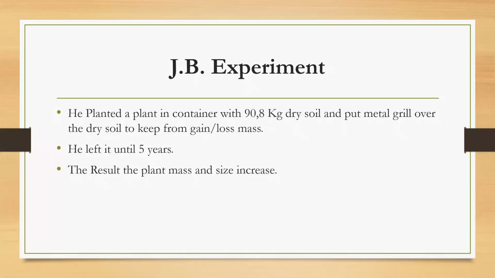He put the dry soil in the container, and over the dry soil he put a metal grill. The function of the metal grill is to keep the dry soil from gaining or losing mass because of air, or maybe rain, and so on.